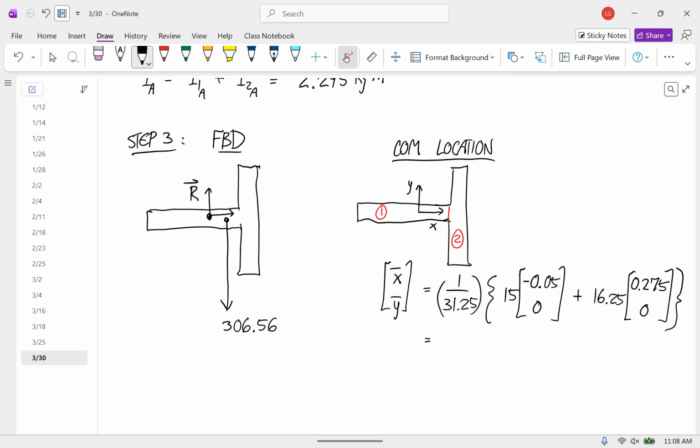And so the location of the center of mass of the whole thing is at positive 0.1190.